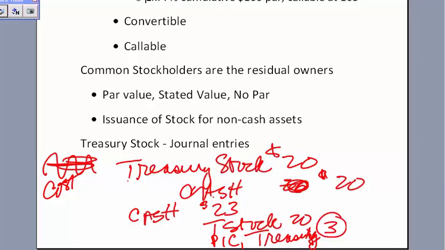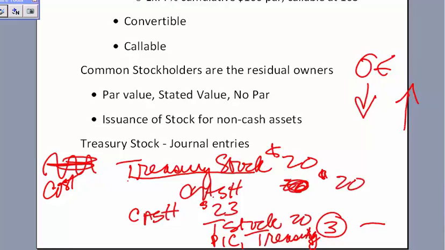It's really funny because when you talk about treasury stock, you're talking about owner's equity going down, but when you have a PIK treasury, owner's equity is going up. So treasury stock is a debit to increase the stock, and it's a negative equity, but this PIK treasury is positive equity, and that's just a little bit goofy.